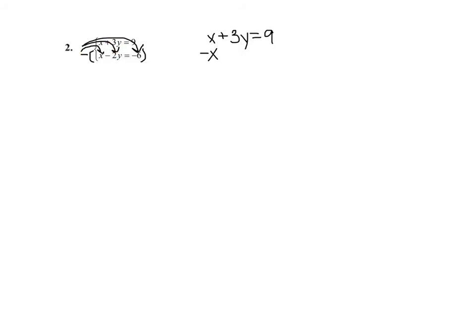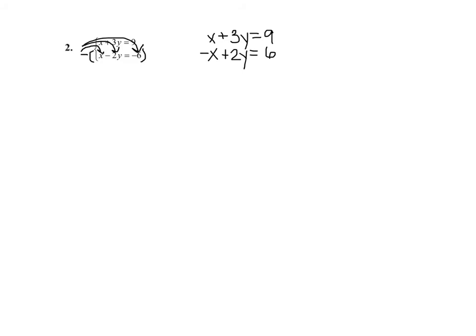A negative times a negative gives you a positive 2y. And then you have a negative times a negative 6. Two negatives give you a positive 6. So essentially what you're doing is changing the signs of the second equation to all the opposite.